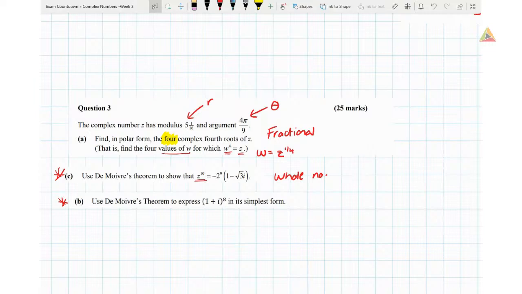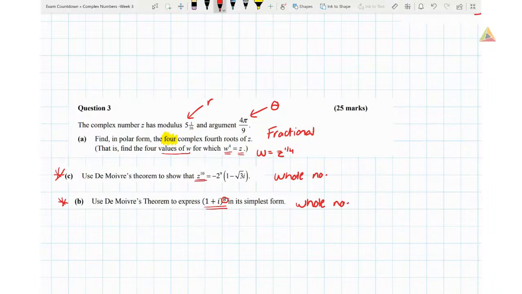And the last one, use the Myers theorem to express this in its simplest form. There's no mention of 2 answers or 3 answers or 4 answers. There's no equation. It's simply taking a complex number and raising it to a whole number power of 8. So that's a whole number question.